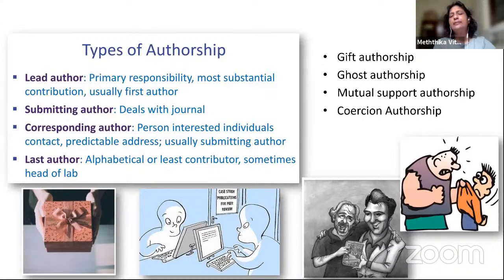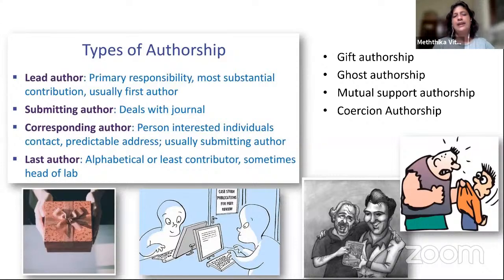Sometimes the last author will be the leader of your research group, who is your supervisor. In my case, if my student does the research, though I give the idea to the student to carry out the research, the student will do the research, the student will write the first draft, I will be submitting as the corresponding author to the journal, and most of the time I will be the last author.